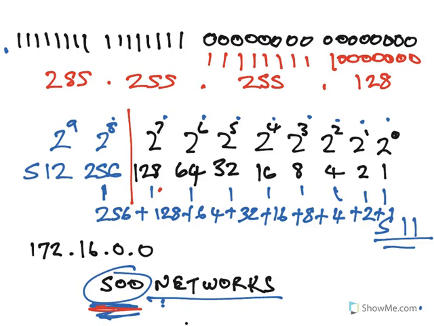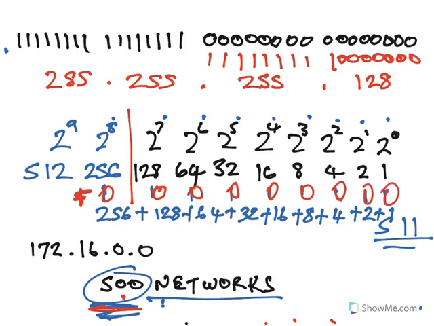Now, if you remember, if I asked you for hosts instead of networks, do it in exactly the same way, except remember when you're calculating the number, if I said 500 hosts instead of 500 networks, you'd work out how many bits you need to get to 500, which is right there. But all of these would become host bits because we're looking at 500 hosts.